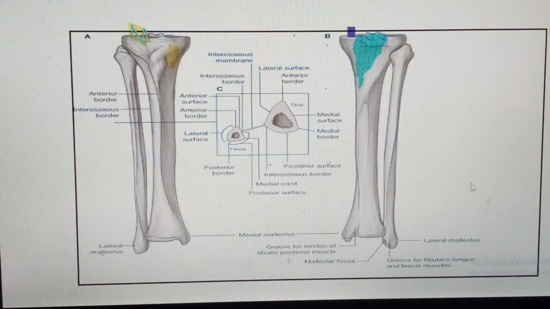Now remember that this kind of joint will not allow for pronation and supination, unlike in the case of the radius, where we had that pivot joint allowing for pronation and supination. In the leg region, we don't see such phenomena.